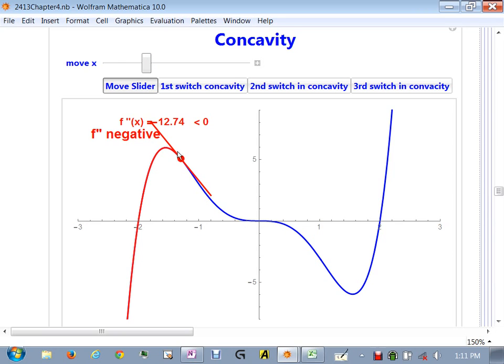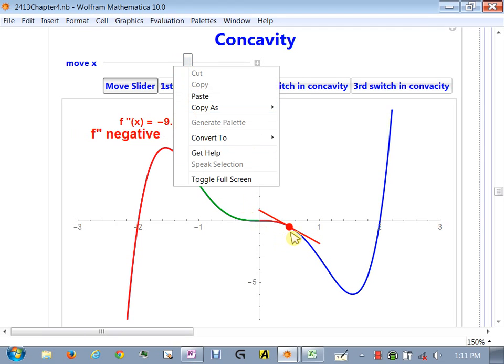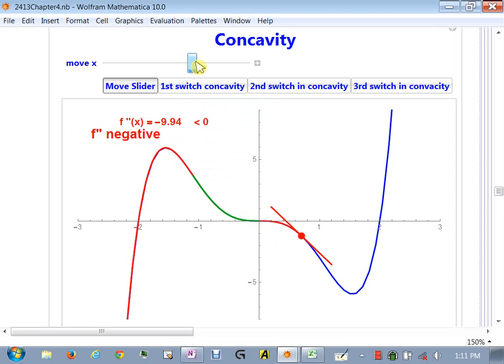But just looking in this little neighborhood right here, the red line is higher than the blue curve, until I get to about somewhere around here. Now, isn't my tangent line below the curve? Yes? Until I get to about here, and now my tangent line is above the curve. Until I get to about right here, and now I'm below again.